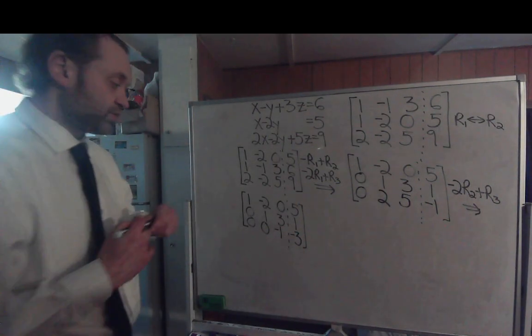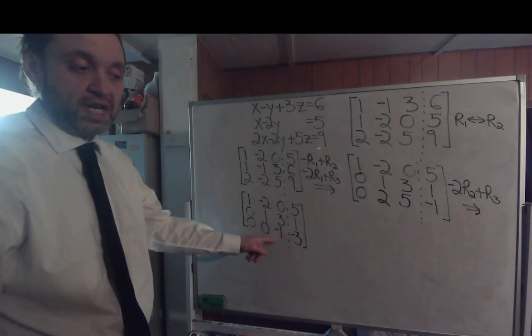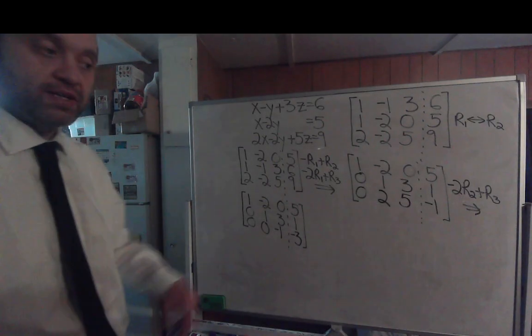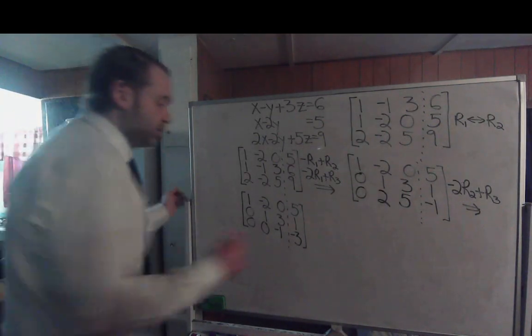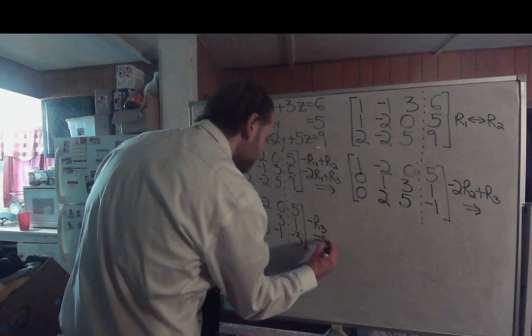Alright, we're almost to row echelon form, but we have a -1 for our leading digit in row 3. It needs to be a positive 1. Well, that's easy. All we got to do is negate row 3 and we'll be in row echelon form.